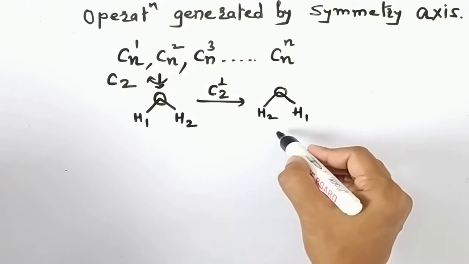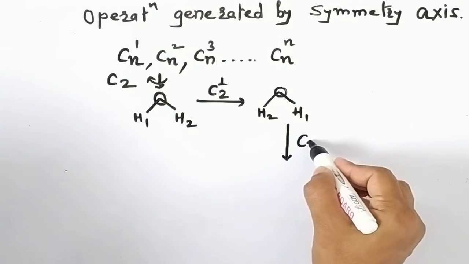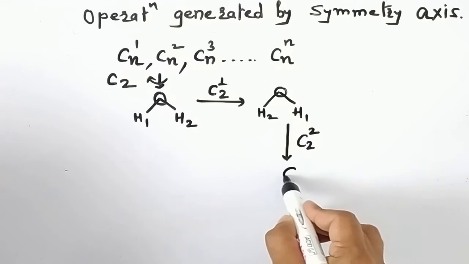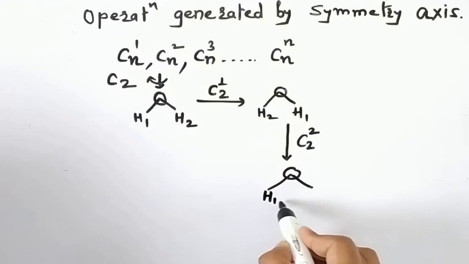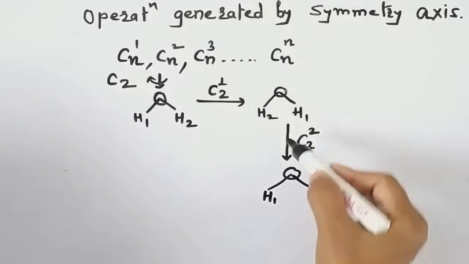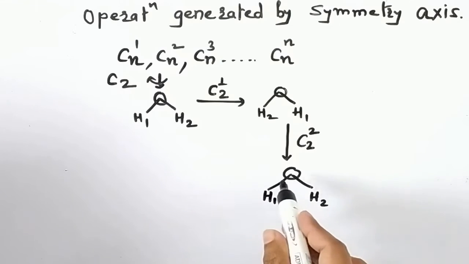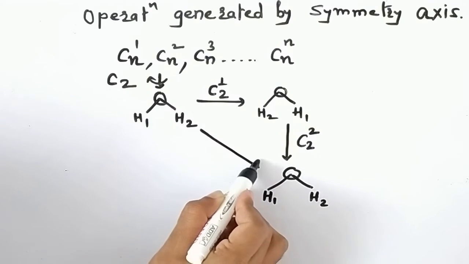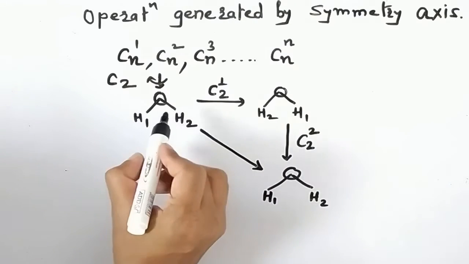If I operate C2 twice, what result will I get? I will obtain H1, H2, they will again be in their original position. What does it mean? It means that I have obtained an identical image as that of the first image.